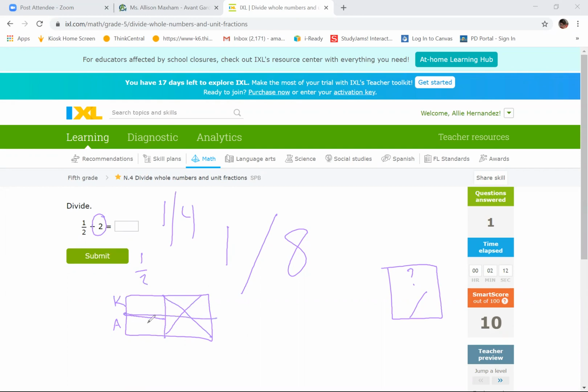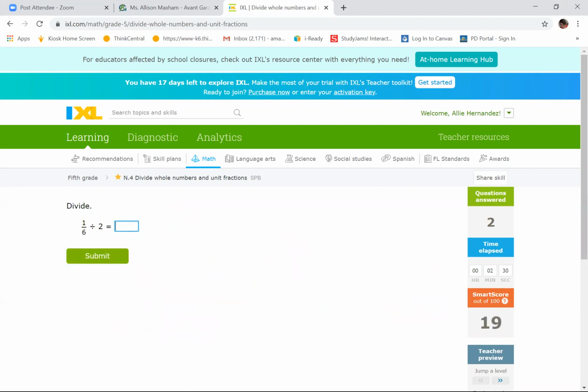Boom, boom, boom. 1, 2, 3, 4, right? We each get 1/4. 1 slash under the question mark and 4. Correct.